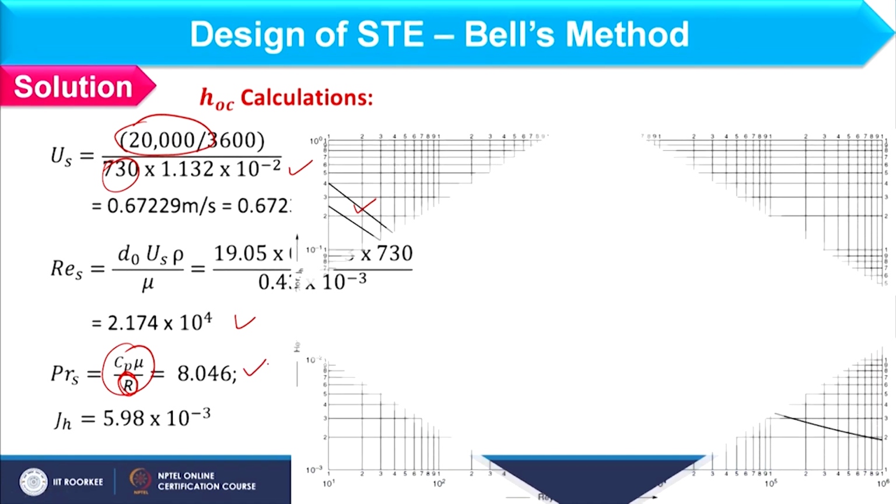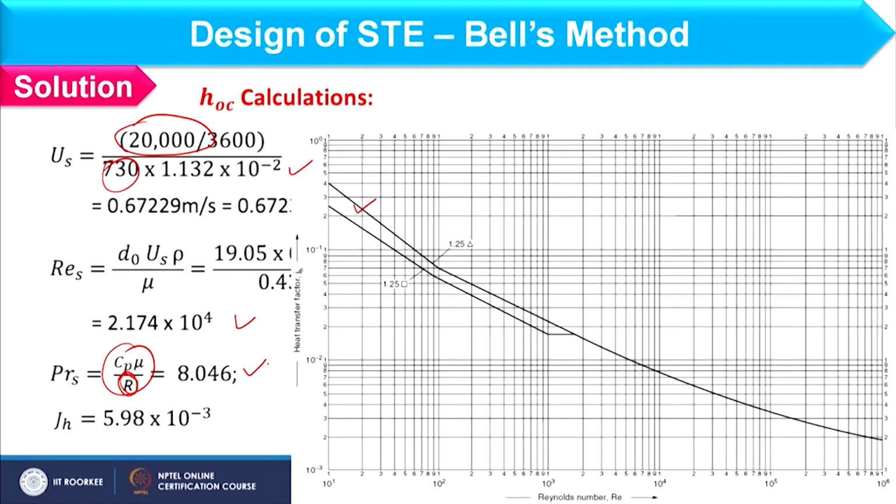So, depending upon the Reynolds number like 2.17, somewhere it will lie over here, and here you can read this value. So, value will come almost equal to 6. So, value of JH you can obtain as 5.98 into 10⁻³.